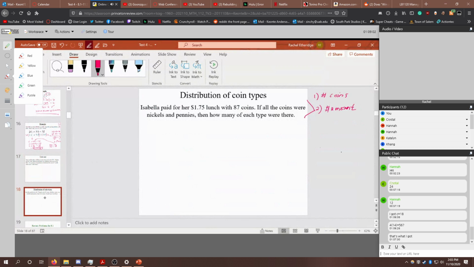So I'm going to define my variable to be n equals nickels and p equals pennies. I have nickels plus pennies. I have a certain number of nickels plus a certain number of pennies, and I have a total of 87.